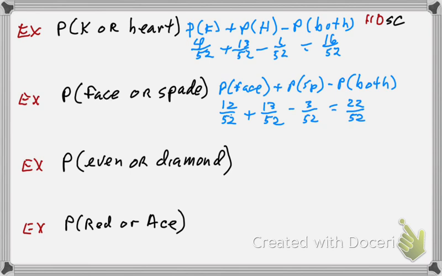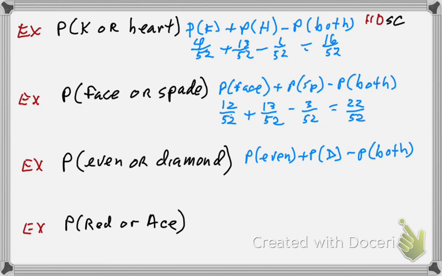Do we need to talk about this? Keep going. Even or a diamond, are they mutually exclusive? Okay, so the even cards would be 2, 4, 6, 8, 10. They're not disjoint. So probability of even plus the probability of diamond minus the probability of both.